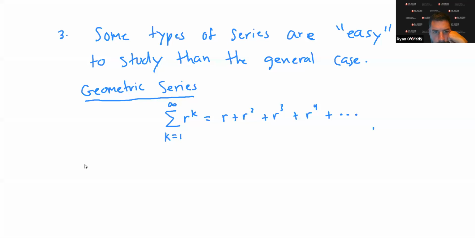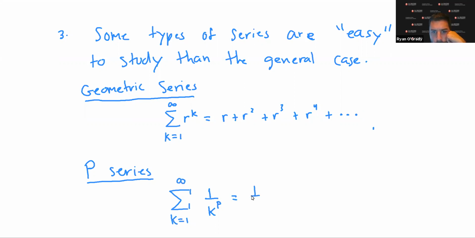And the other type we saw just on Tuesday that were quite easy to study, these were called the p-series. And these looked like this. A p-series looked like 1 over the index raised to some power p.